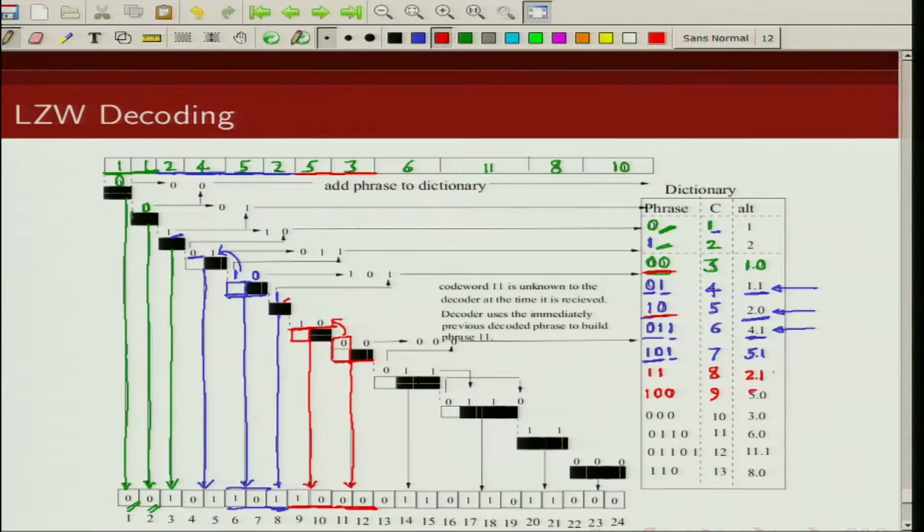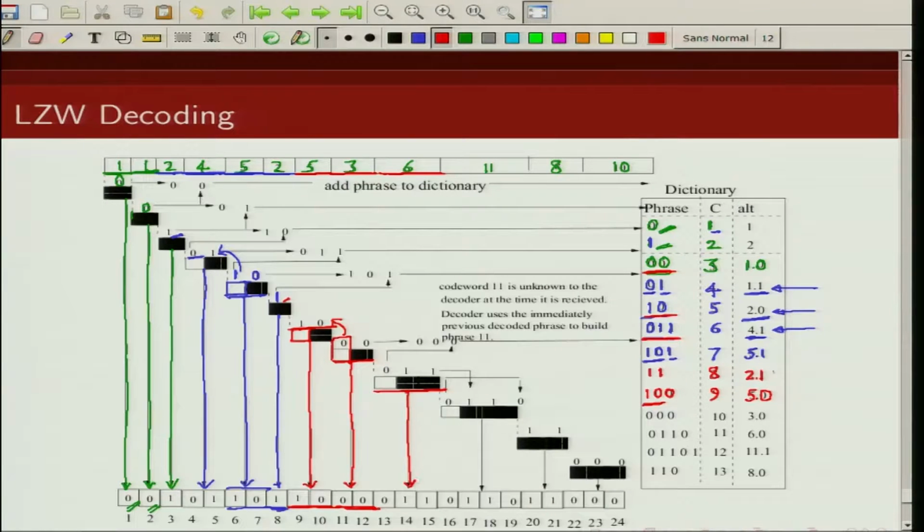In the alternate form, this can be written as concatenation of code word number 5, which is 1, 0, concatenated with innovation symbol 0. Next, 6. Now 6 corresponds to 0, 1, 1, so this will be decoded as 0, 1, 1.